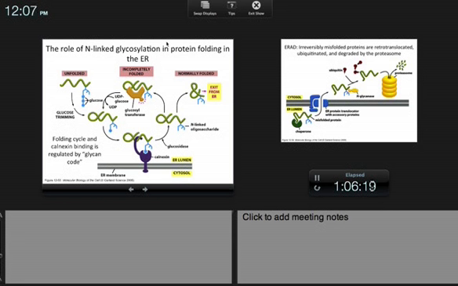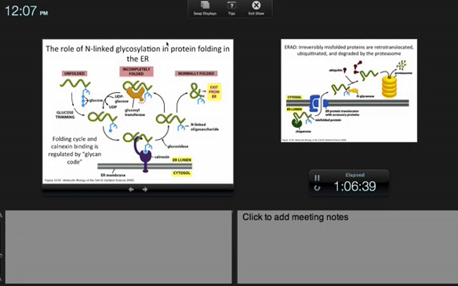I believe it's cleaving of a mannose, but it doesn't matter. And then it is targeted for ERAD. It's retro-translocated, meaning it's translocated backwards out of that translocon, and recognized, ubiquitinated, and degraded by the proteasome.